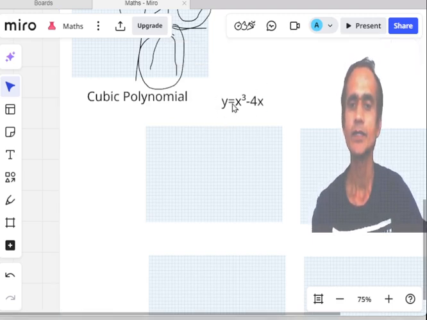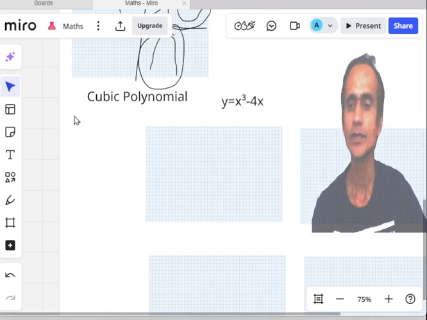So what do you see here? If the value of x approaches infinity, the y will approach infinity. If the value of x approaches minus infinity, the value of y will approach minus infinity.